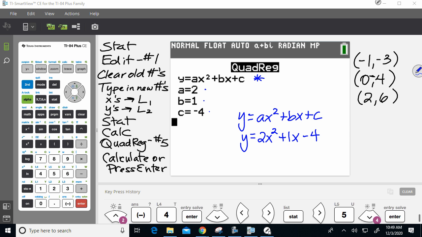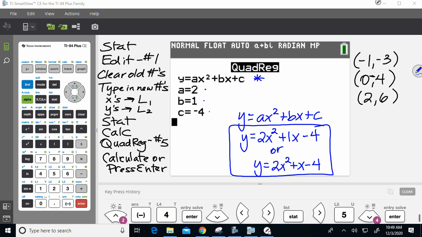Again, you don't need to put the number 1 in front of the variable, so you can write it as 2x squared plus x minus 4. That's it, problem's over.